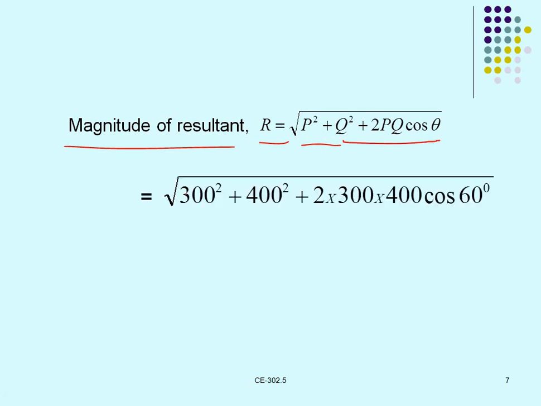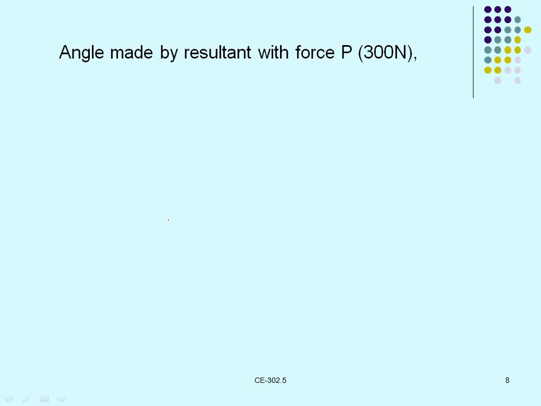Substituting, P is 300 newtons squared and 400 is Q, plus 2 into 300 into 400 cos 60 degrees. Then we will get 608.3 newtons. So this is how much the R is acting: 608.3 newtons.